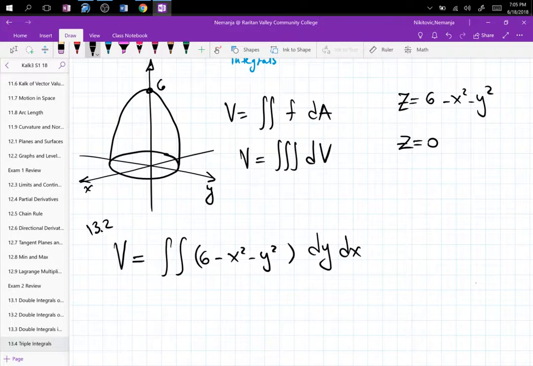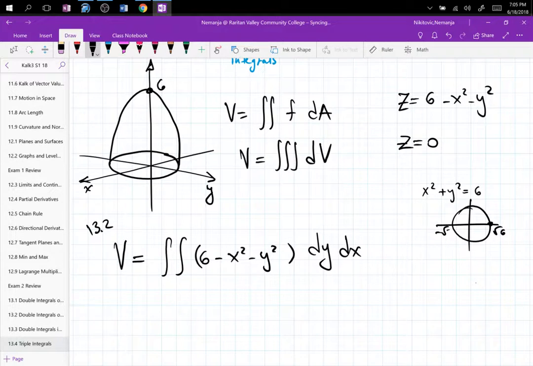Now, the limits for this will be, well, negative root 6 and positive root 6, right? Because I have z equals 0. For z equals 0, when I set those things equal to each other, I get that x squared plus y squared is equal to 6, and that means that the radius is root 6. So when I draw my domain, all of these are root 6 everywhere.